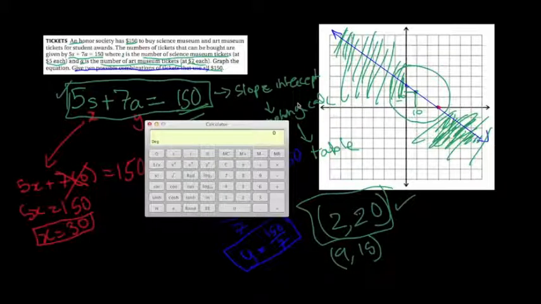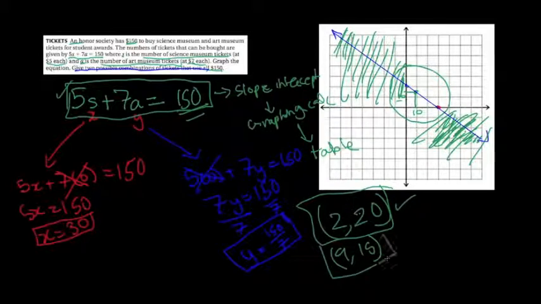So 9 times 5, it's going to be 45, and then 7 times 15, it's going to be 105, plus 5 times 9, which is our 45. And if you add 45 to this, that's going to give us 150 as well. So these 2 points work. So these 2 are points that work on this.